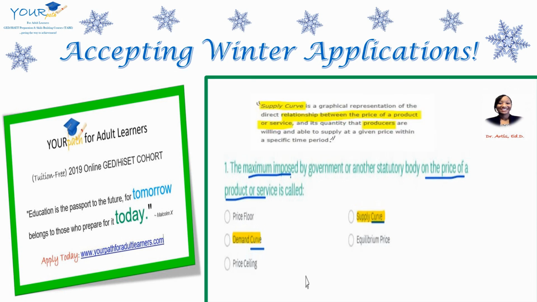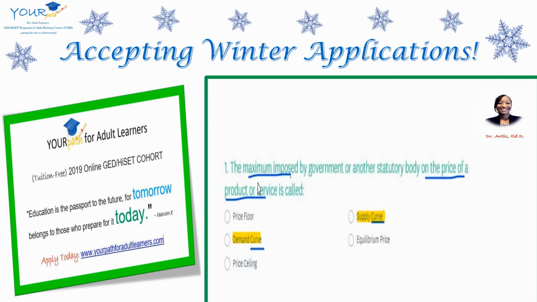These 2 terms are a depiction of information on a graph. Since we're looking for a term that represents the maximum imposed on the price of a product or service, we can eliminate these 2 terms because they do not apply, and we can look more closely at the terms that have the word price in them.